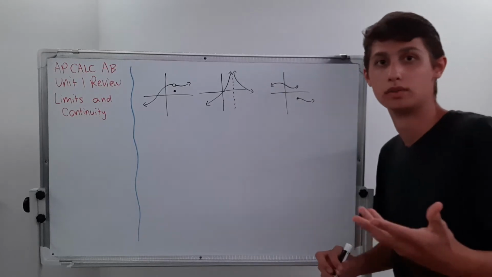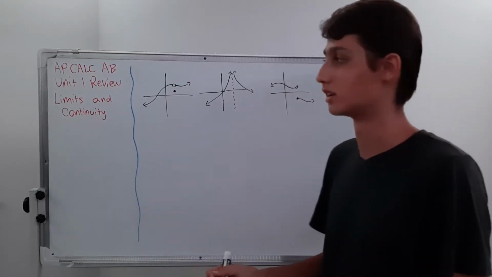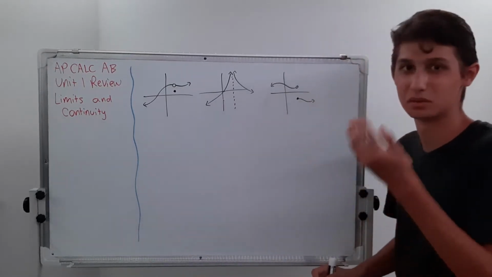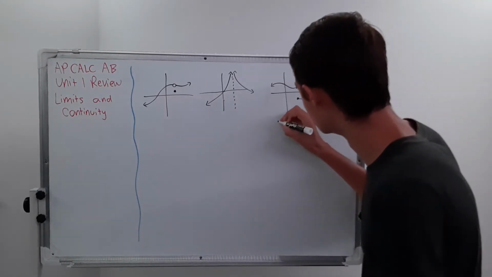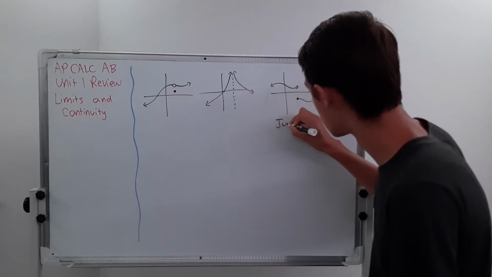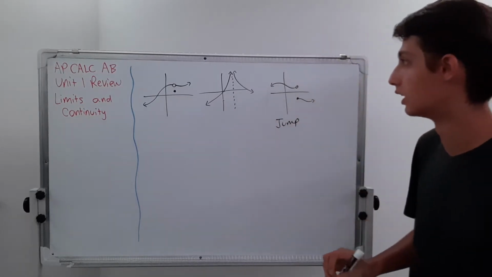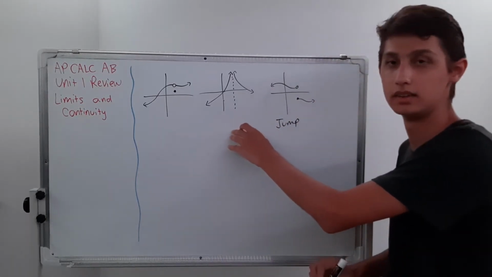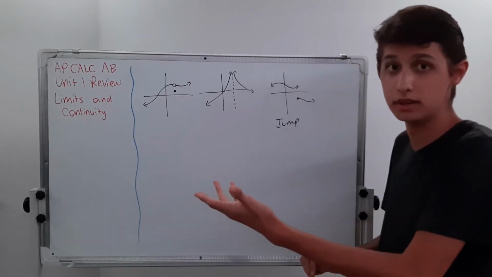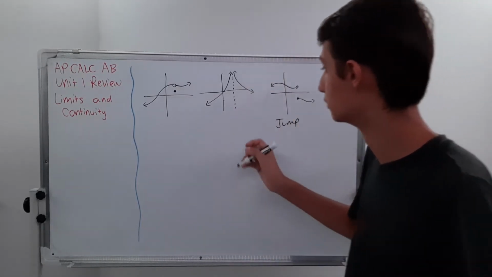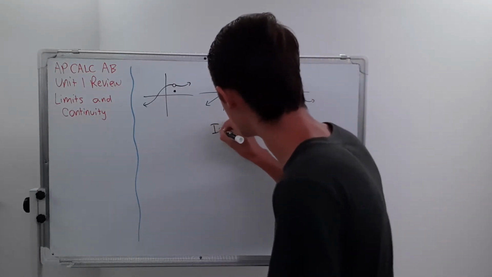So now we should have names for these, because it's always good to have names for things. Well, this is easy. We can call this a jump discontinuity. So we can say jump. Okay. We have a vertical asymptote. This is called an infinite discontinuity because you go up to infinity. These sometimes have other names.